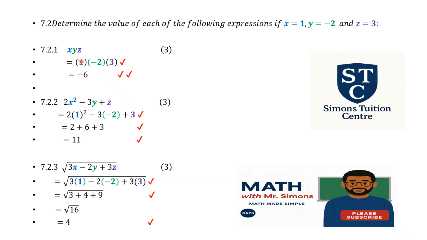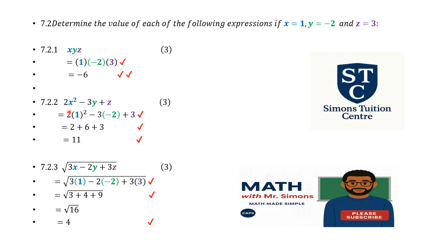So 3 times 1 is 3, times negative 2 gives me negative 6. 1 mark for correct substitution, 1 mark for the negative sign, and 1 mark for the 6. Sometimes if you write positive 6, we make sure you lose both marks, because you should understand negative times positive is negative.